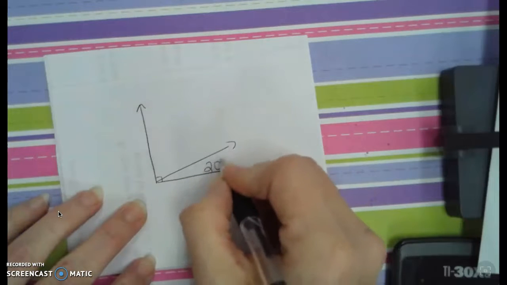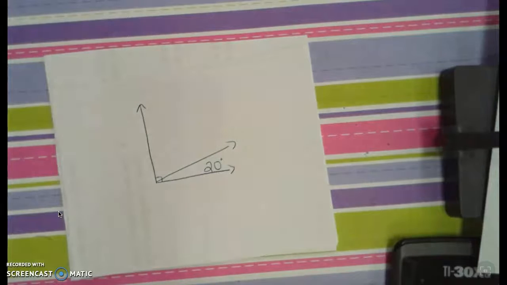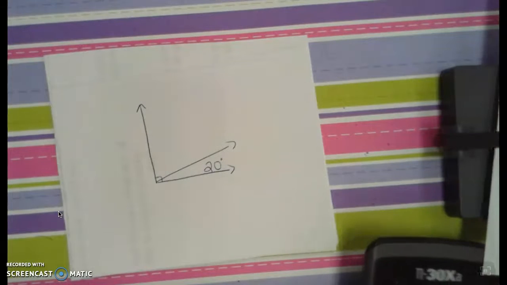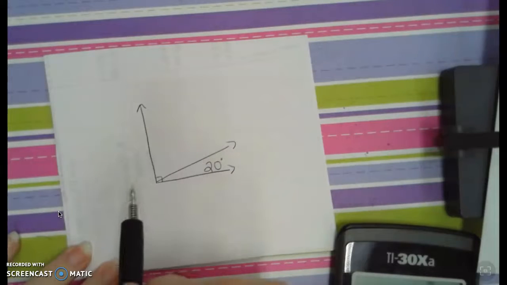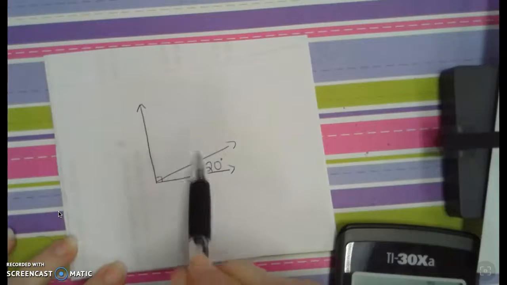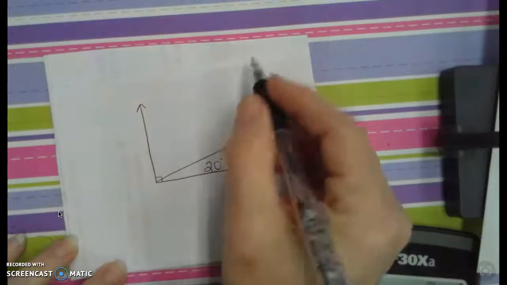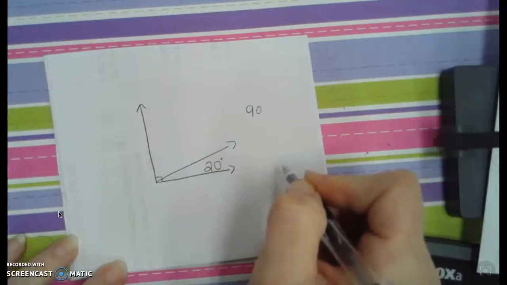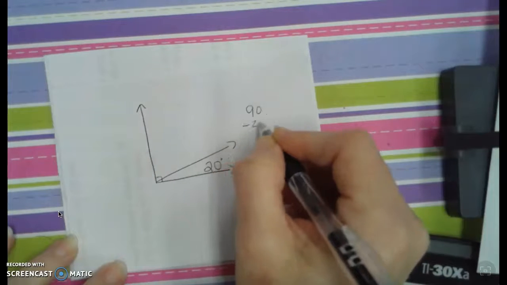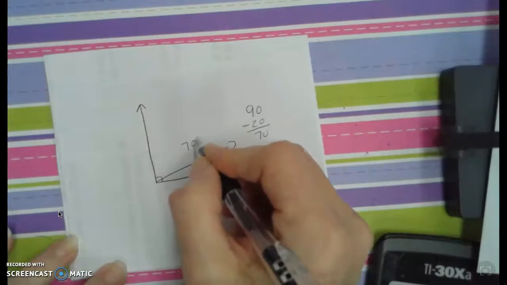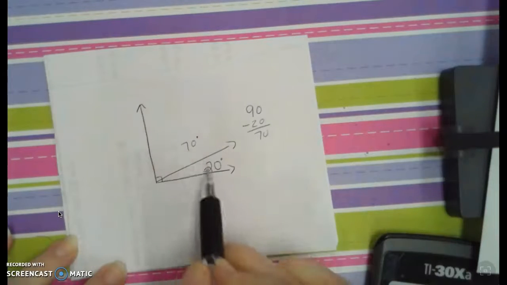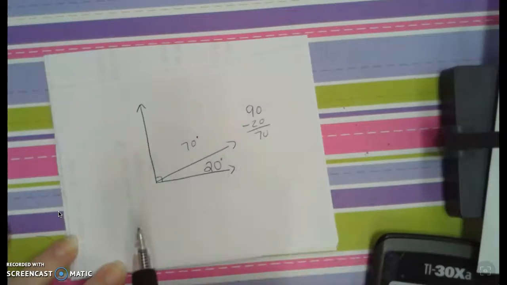If I tell you that this angle is 20 degrees, I hope that you can problem solve and figure out the missing angle. We should know that both of these together, if this is a right angle, have to equal 90. So 90, if we take away 20, we're left with 70. So that means that this angle has to be 70 degrees because 70 and 20 equal 90.